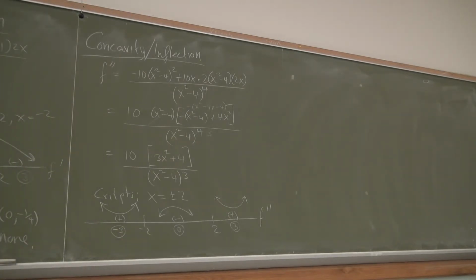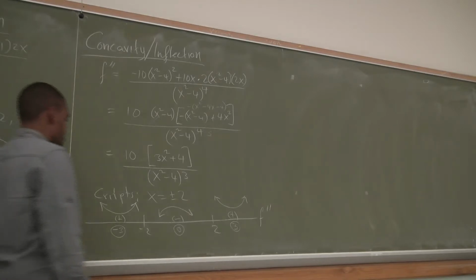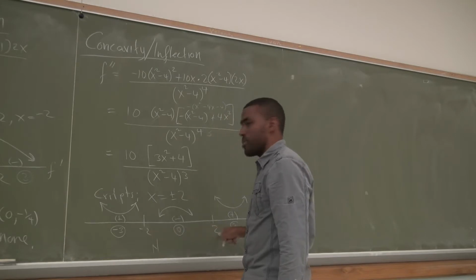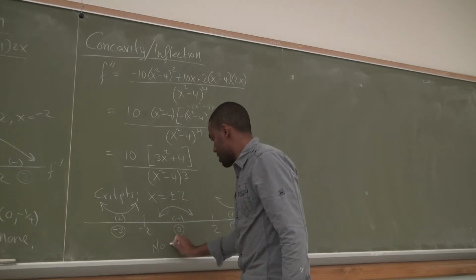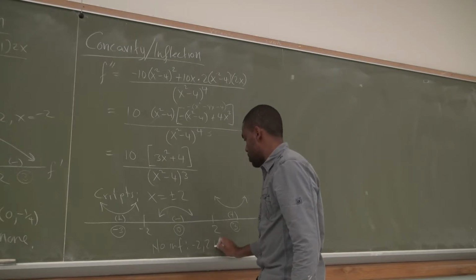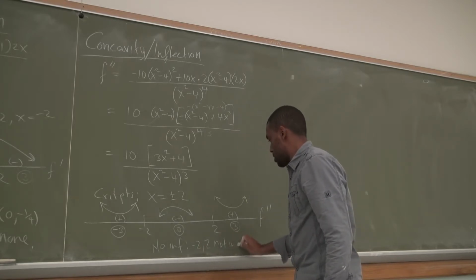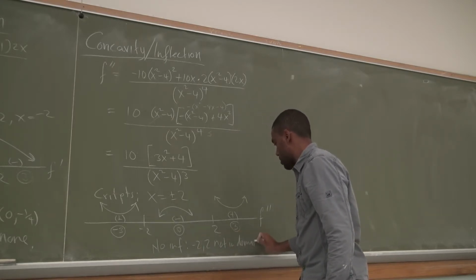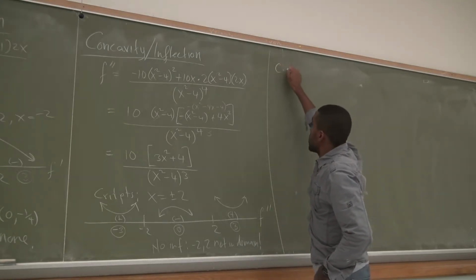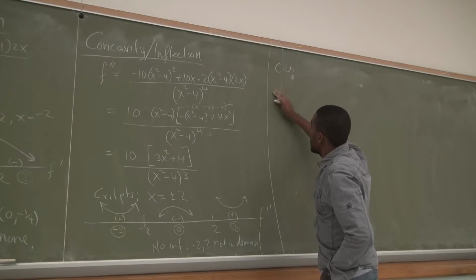Are there any inflections? No inflections, right? Why not? Right, because at these points your function doesn't even exist there. No inflection; minus 2, 2, not in domain. So in conclusion, we know where it's concave up, we know where it's concave down.